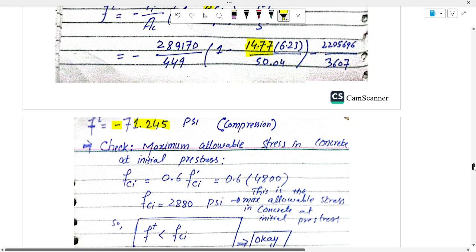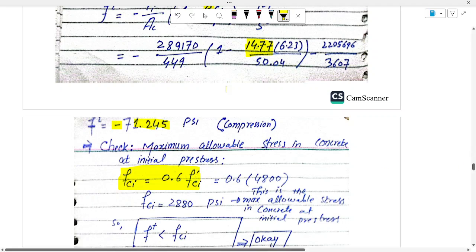So let's check for the maximum allowable stresses in the concrete. This is the check when we are calculating initial pre-stresses.